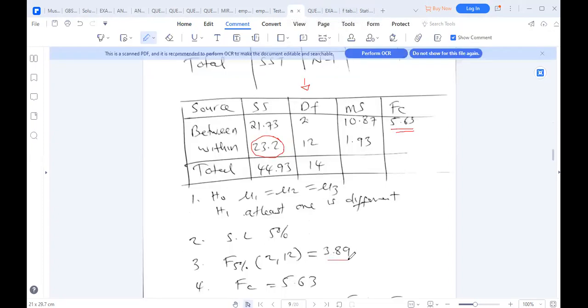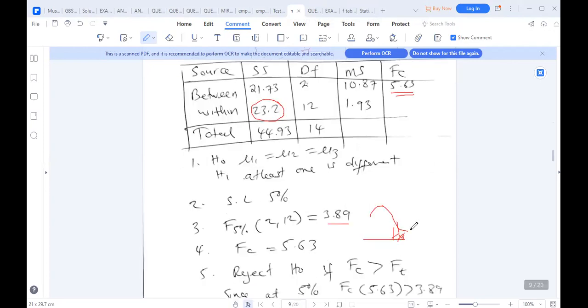When you read that 3.89, you compare the figure you got with the statistical table. This one is never two-tailed, just one-sided, so don't shade both sides. You're just comparing 3.89 with what we calculated as our F calculated, which is 5.63.